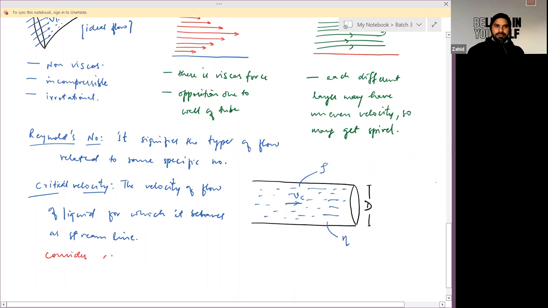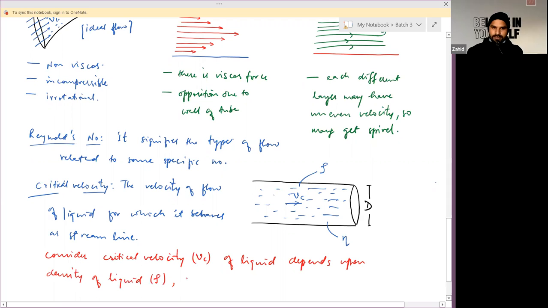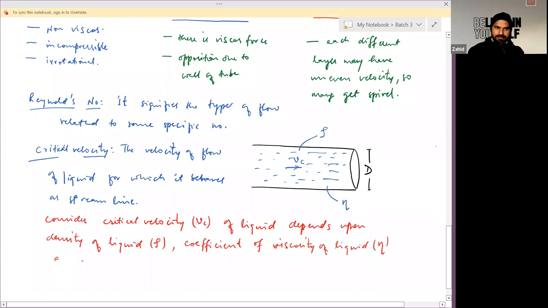Consider the critical velocity Vc of liquid depends upon the density of liquid, that is rho, the coefficient of viscosity of liquid, that is eta, and last, the diameter of tube.